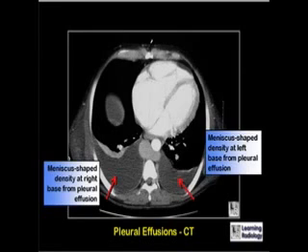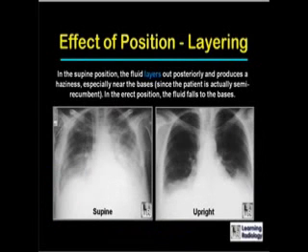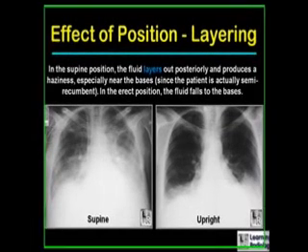They tend to have a lower density because they contain fluid, and there is compression atelectasis above the pleural effusion on the right side. Don't forget about the effect of the patient's position and layering on the appearance of the size of pleural effusions.